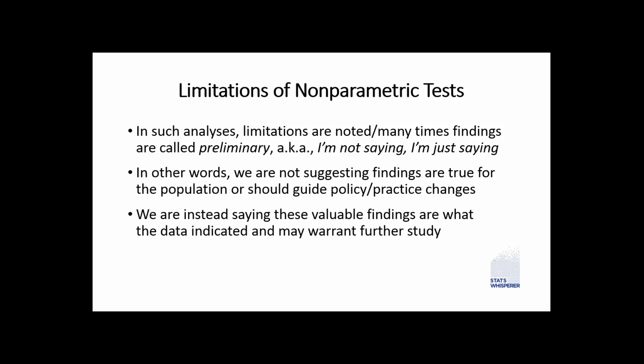What we are saying is that these valuable findings indicated X, Y, Z. Thus, they may warrant further study, and that's really important and valuable. So we know the value of our findings and the limitation of our findings. The value is what's suggested. The limitations might be that it might not be representative, or worthy of basing practice or policy decisions, but it has value, certainly.